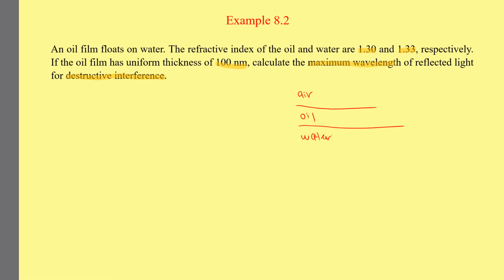Okay, given that the refractive index of water is 1.33, the refractive index of oil is 1.30, and we have to remember that the refractive index of air is equal to 1.0. So the question asks you to calculate the maximum wavelength for destructive interference.